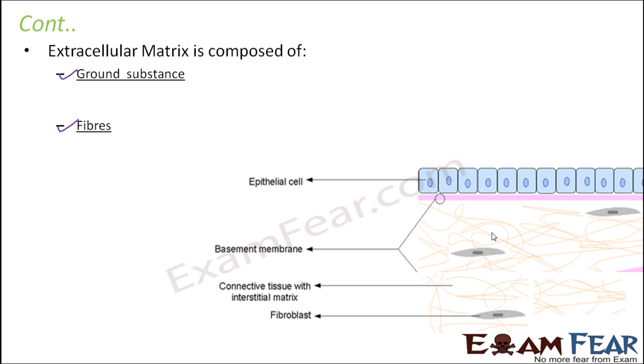And other than fibers, all other space is filled with ground substance. So basically, ground substance fills space between cells and fibers. Anything which you see except the cells and the fibers is nothing but the ground substance. It has high water content, and because of its high water content, the matrix has a fluid-like structure.